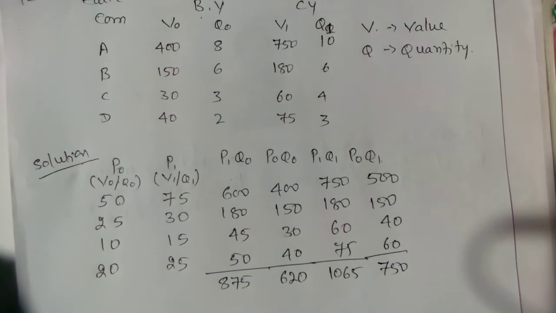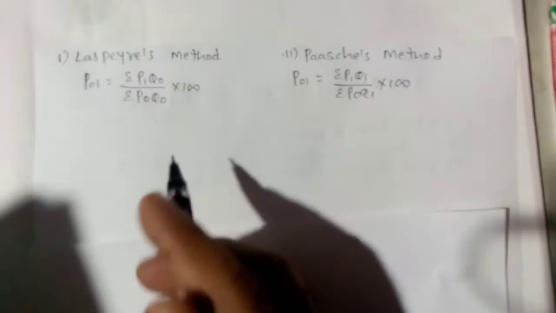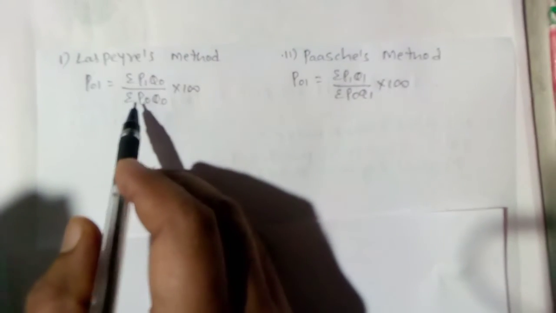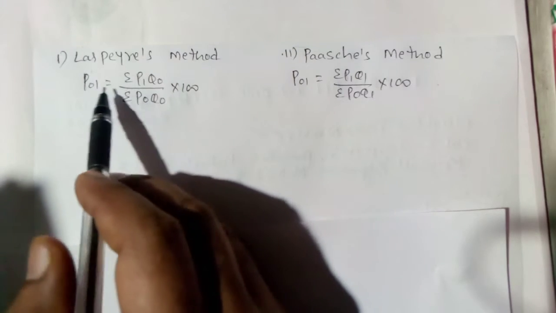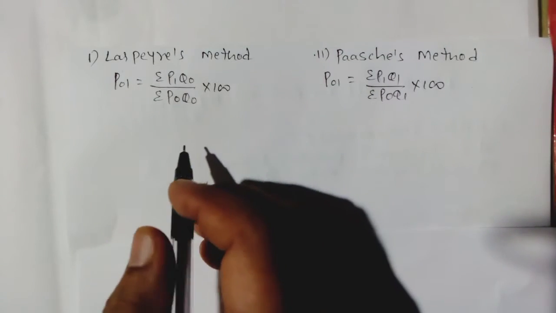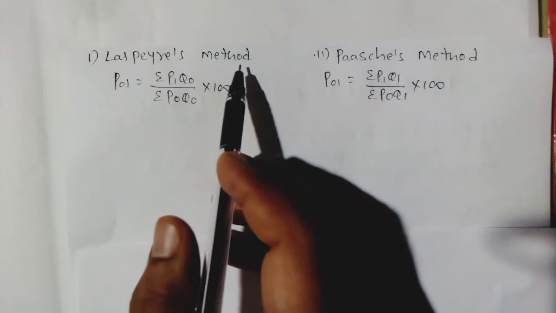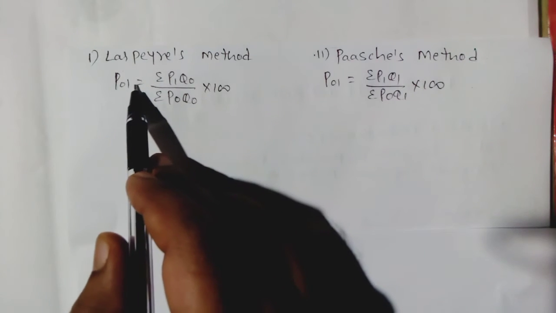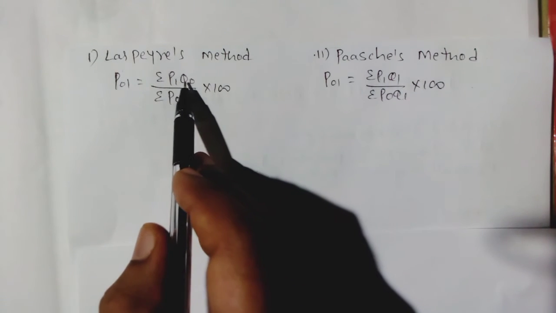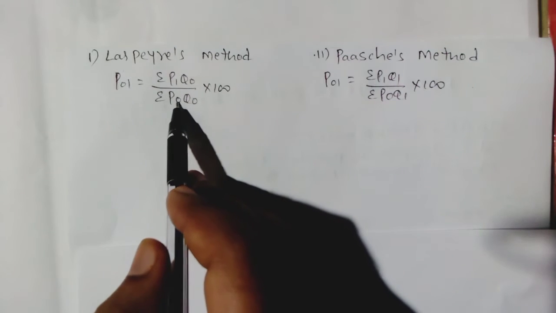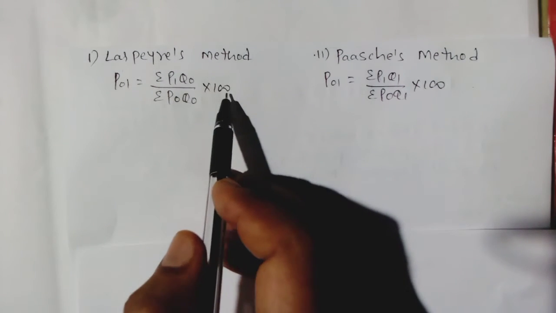We need to go for the further Laspeyres problem. Here is the Laspeyres method formula. P naught 1 is equal to summation of p1 q naught divided by summation of p naught q naught into 100.